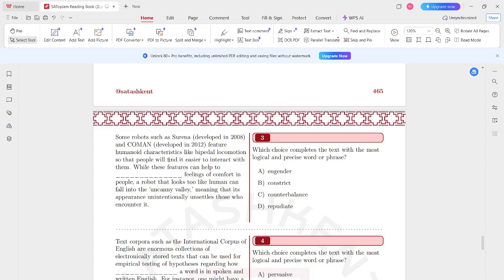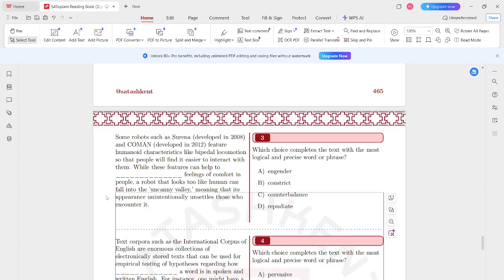So there are some robots with characteristics that are similar to humans, and they help people make interaction easier with robots. While these features can help to blank feelings of comfort in people, a robot that looks too like human can fall into the uncanny valley, meaning that its appearance unintentionally unsettles those who encounter it.